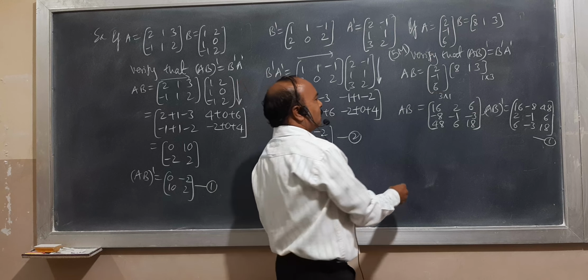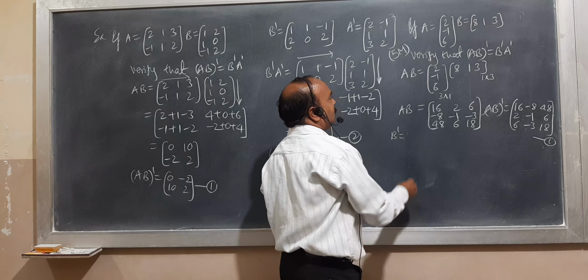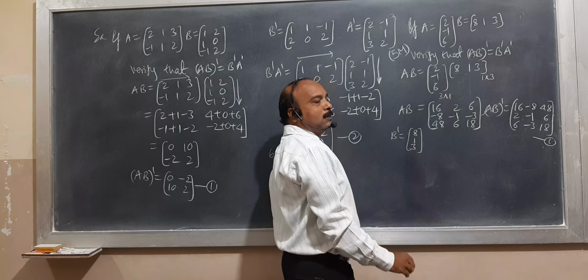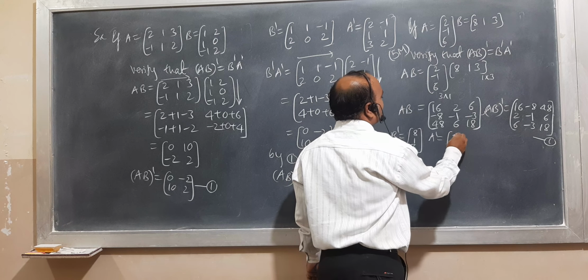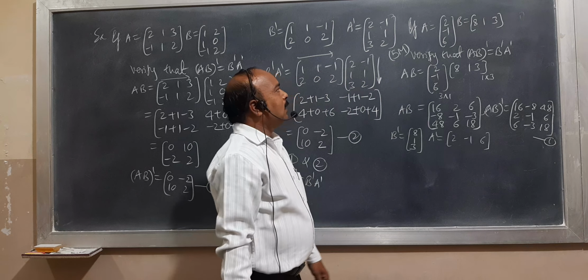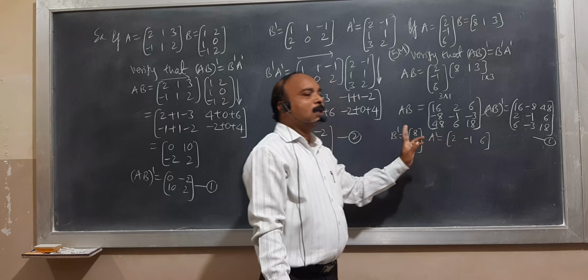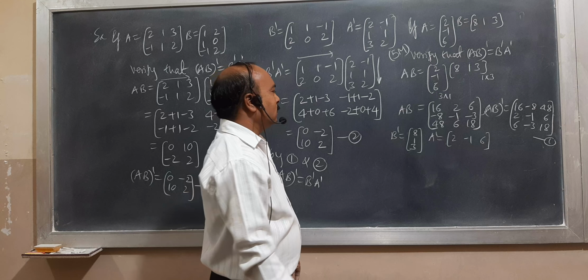Next we go for B'. B' is given by transpose of B, that is [8; 1; 3]. Next A', it is transpose of A, that is [2 -1 6]. Here column matrix changes to row matrix, row matrix changes to column matrix according to property of transpose.